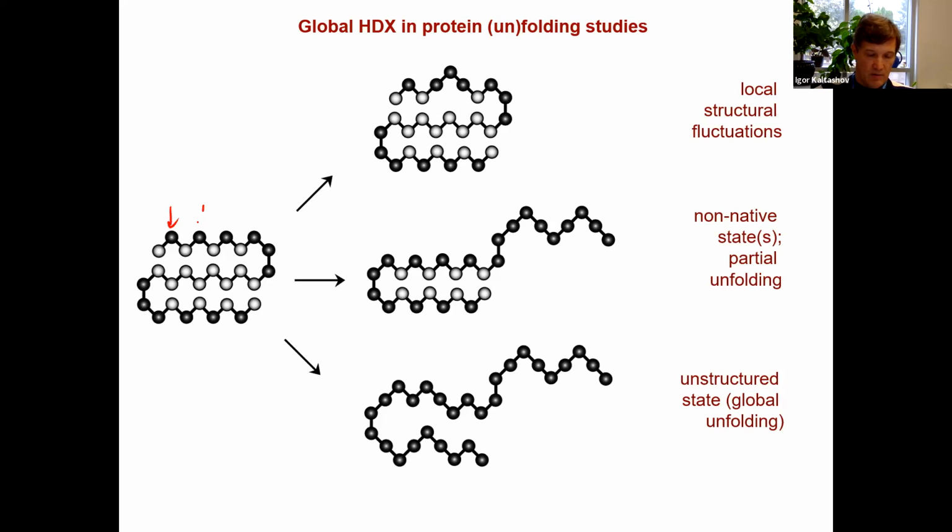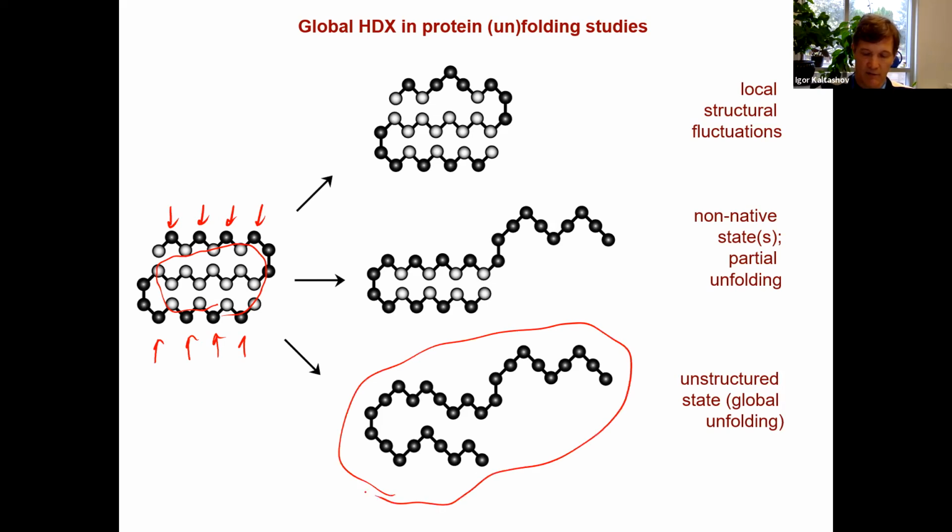So hydrogen-containing groups on the surface of the protein would be able to exchange, but everything in the interior would not exchange because there is no solvent access there, right? And so you have to either unfold the protein. In the case of complete unfolding, you would label everything.